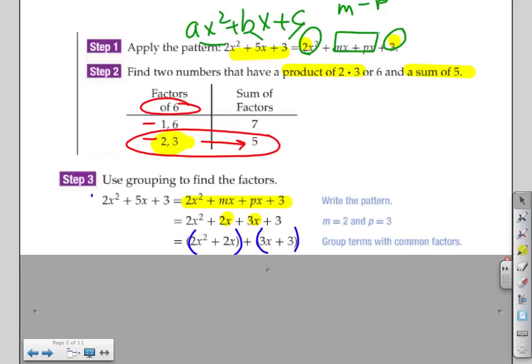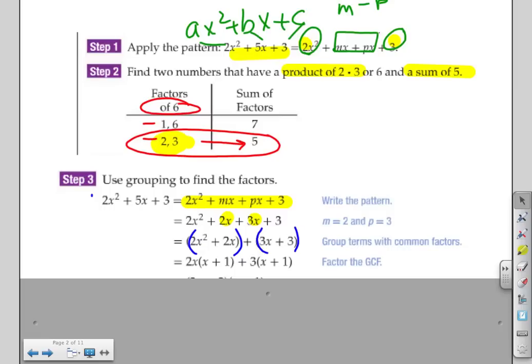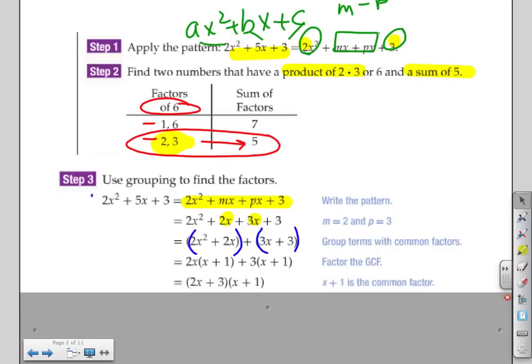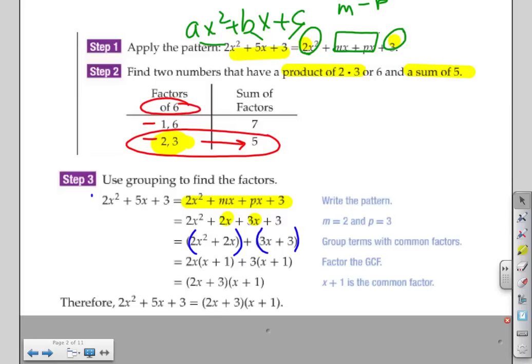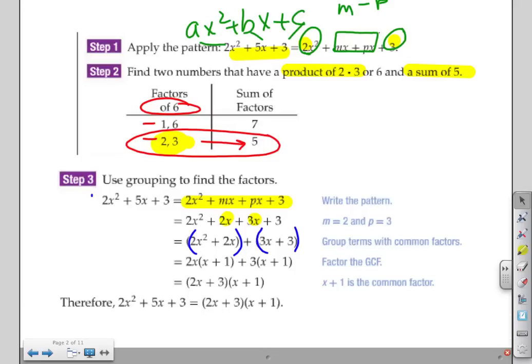Can we factor that? Yes. We can pull a 2x out of the first group and a 3 out of the second, and we end up with 2x plus 3 times the quantity x plus 1. Therefore, 2x squared plus 5x plus 3 is equal to 2x plus 3 times the quantity x plus 1. We're going to do a few more of these, so don't worry.